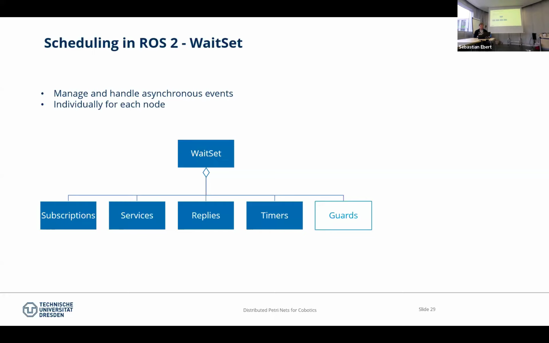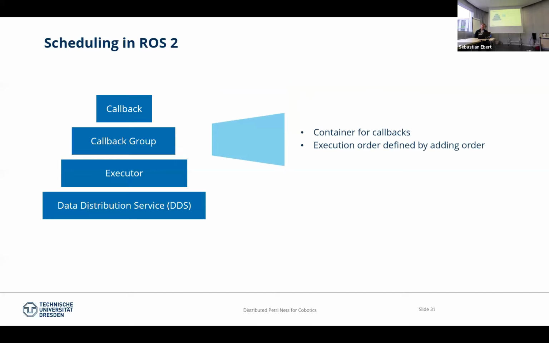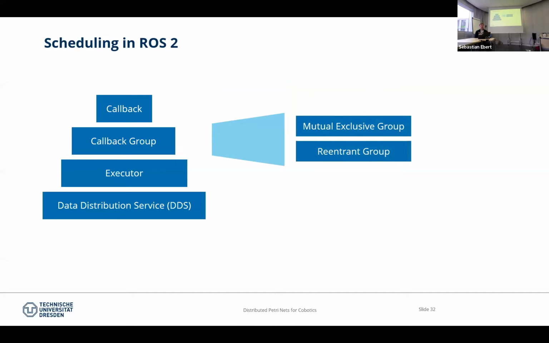The scheduling in ROS itself is organized like a pyramid. On the lowest level, we have the callbacks, which are user-defined functions. Most of the systems handle messages and process data. For example, a subscriber could be that, which receives a message and processes it. These callbacks can be grouped into callback groups. They are containers, and they also define the execution order on the second level by the order of adding to the node. They can be of two different types: either mutually exclusive, or they can be accessed in parallel, which is the reentrant group.